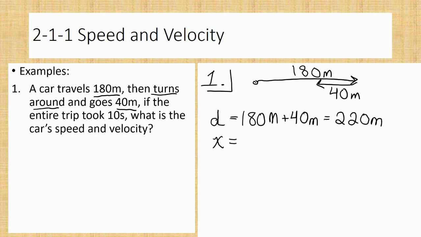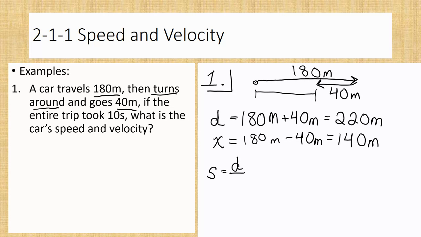The displacement, on the other hand, is how far the car is from the starting point. So that would be 180 meters minus 40 meters, or a distance of 140 meters. Now, to get the speed and velocity, speed is the distance divided by time.